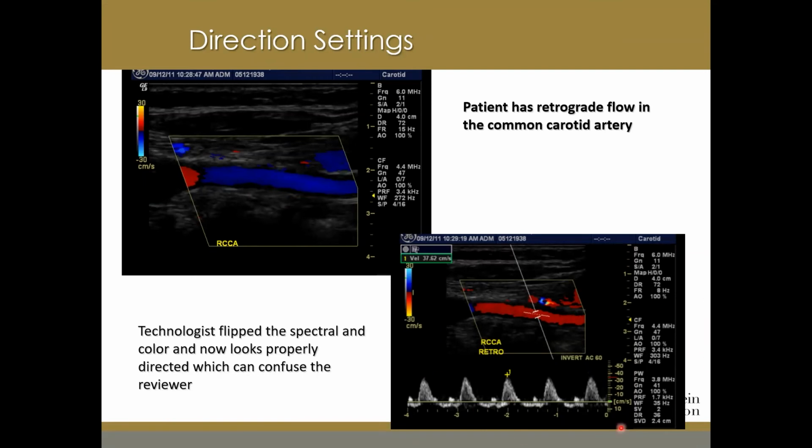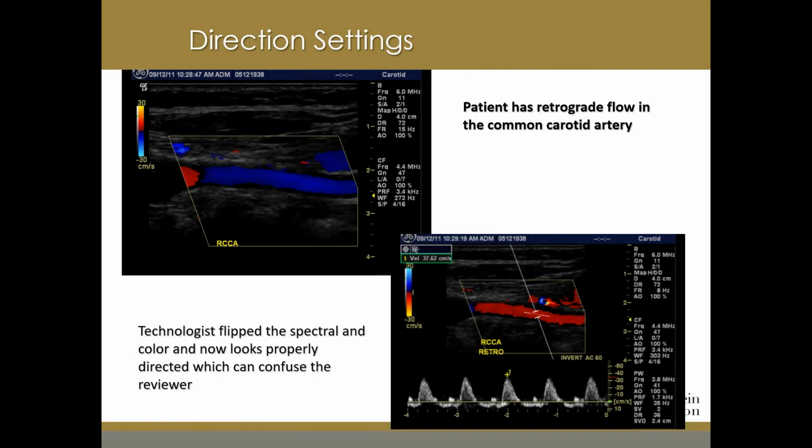In this bottom right image, the operator improperly inverted the color. So they inverted the color and changed it to red, when in actuality, that flow is retrograde, so it should have been represented as it is here in the upper left-hand image. So by the operator changing this color, it can cause confusion to the reviewer.